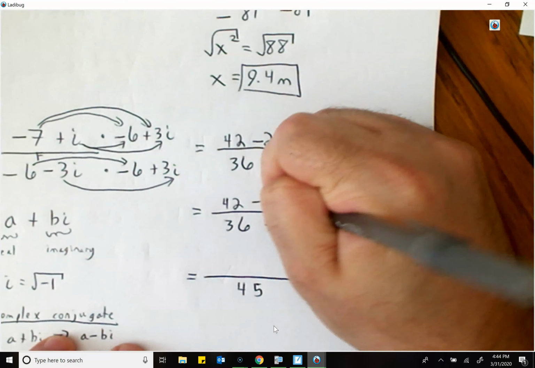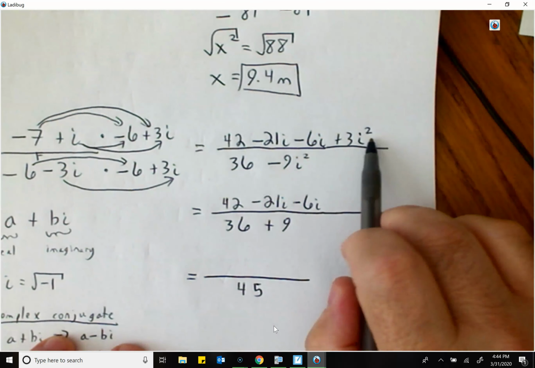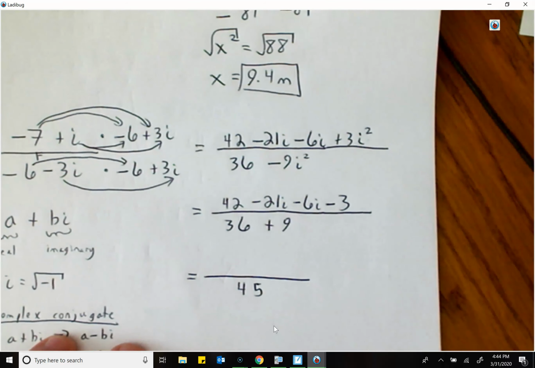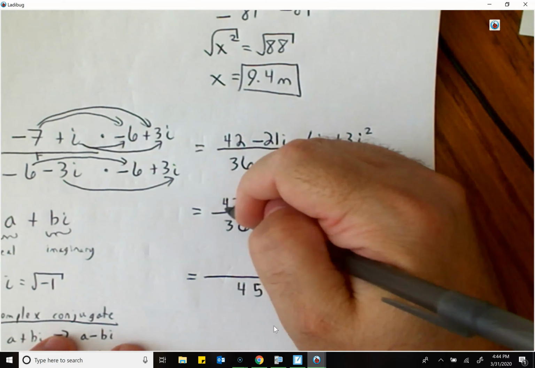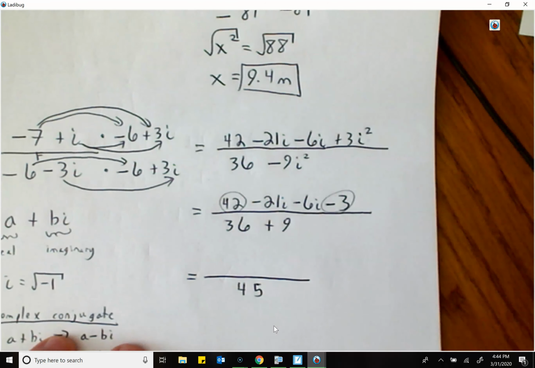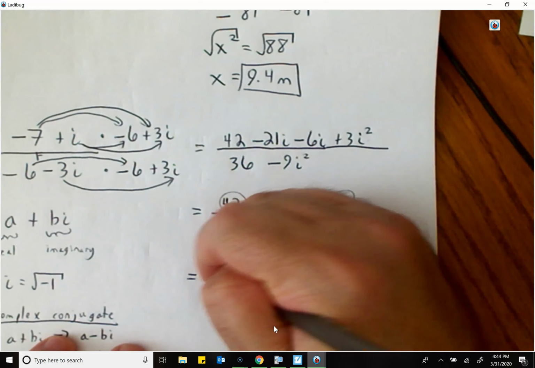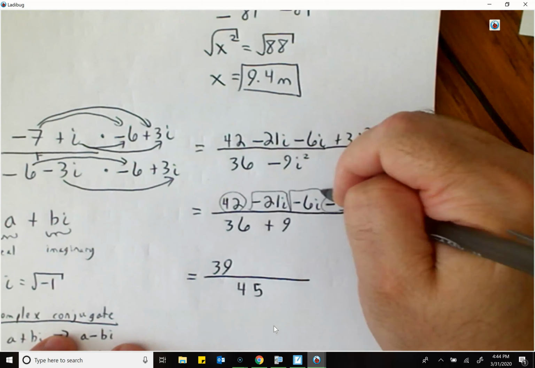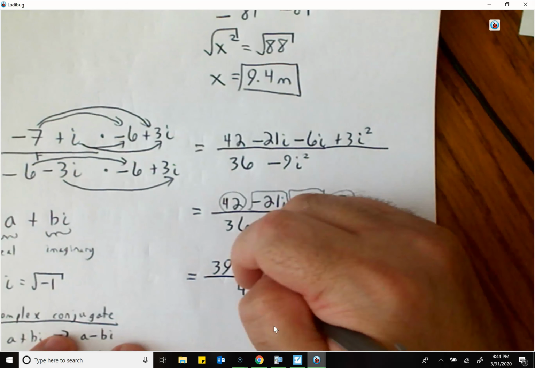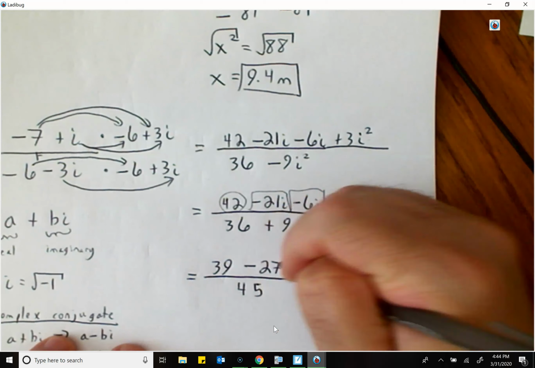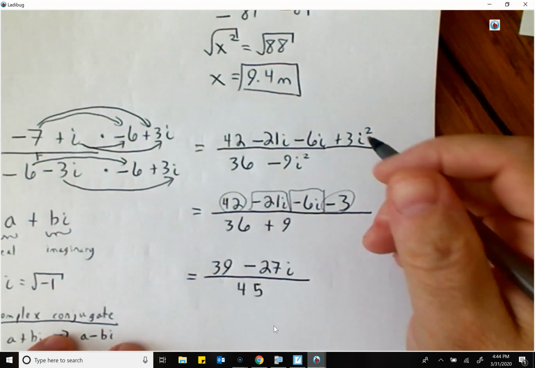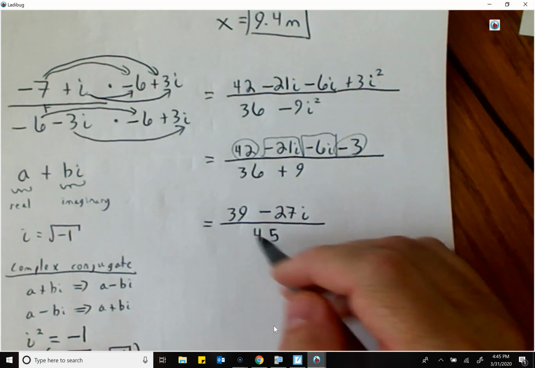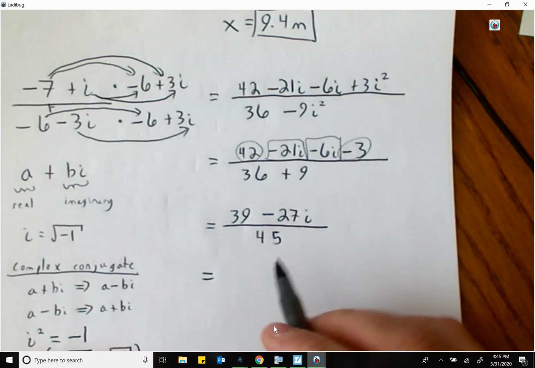That i squared becomes a -1. -1 times 3 gives us a -3. So now we can combine like terms. So the 42 and the -3 get together, and that gives us 39. And then our two i's will get together, which will give us -27i.